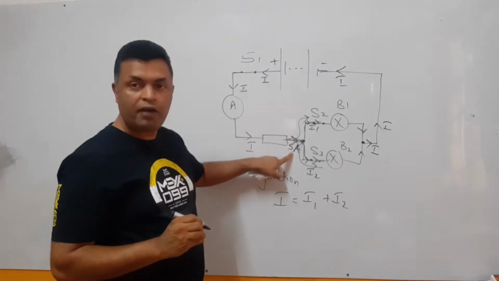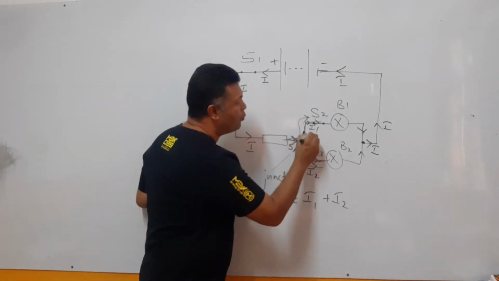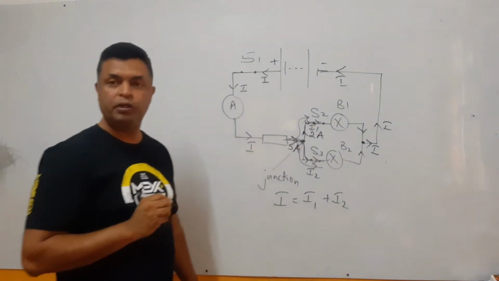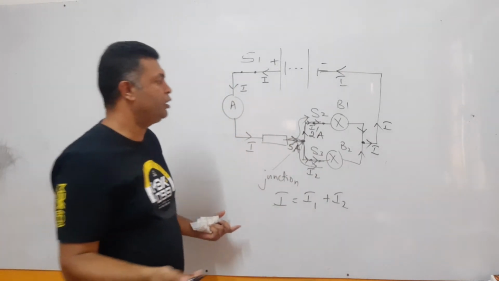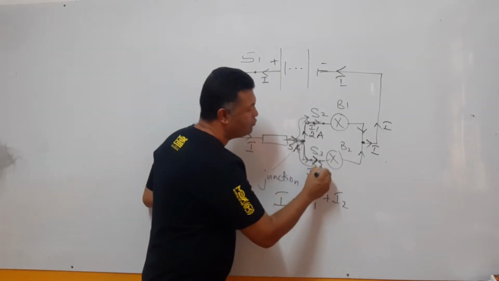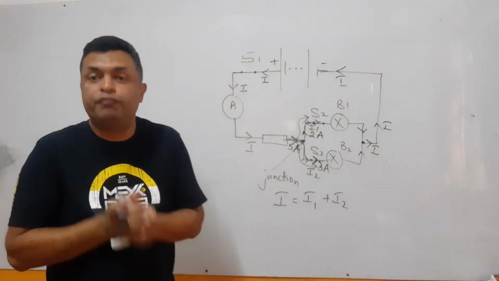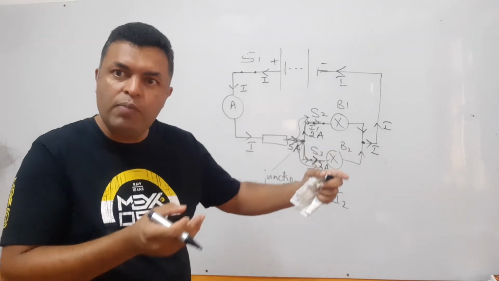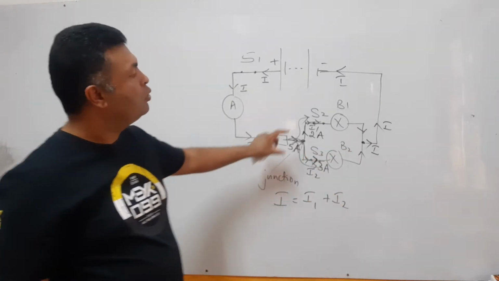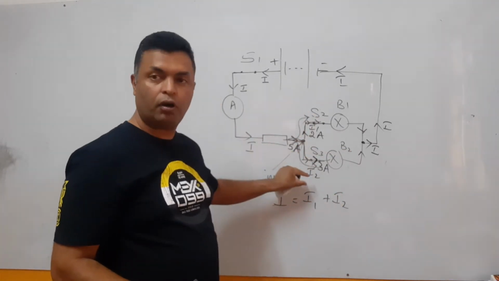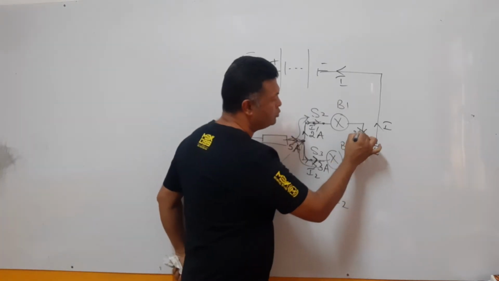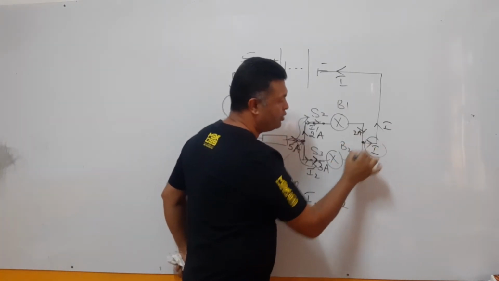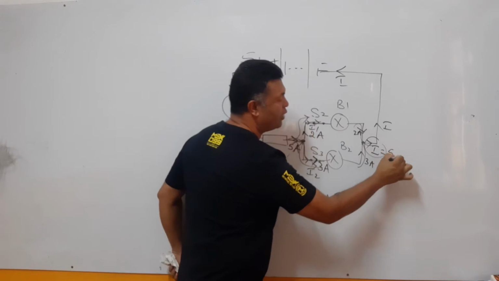So if I have 5 ampere here, if 2 ampere flows through B1, it will be clear that you will have 3 ampere here, because the remaining will pass through B2. So you will have 2 ampere here and 3 ampere. And here as well, 2 ampere and 3 ampere. But when they join together here, it becomes 5 ampere.